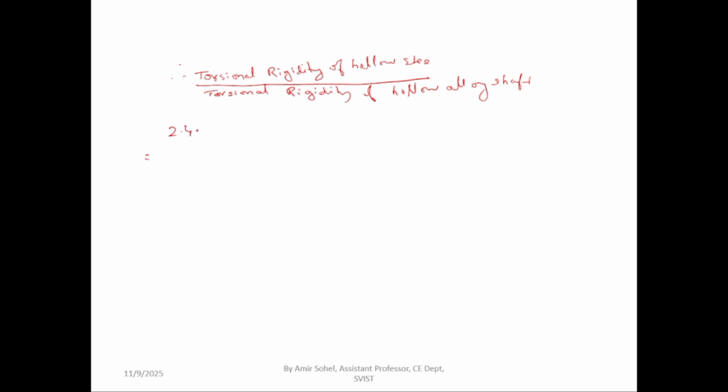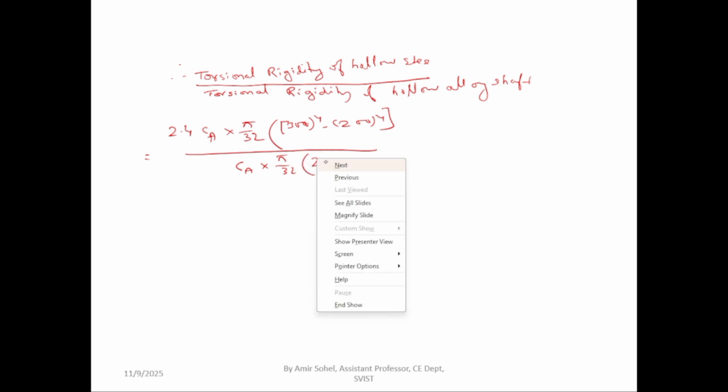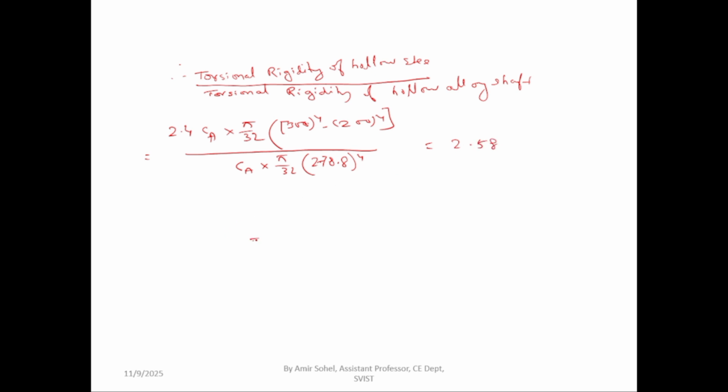That is 2.4 Ca into pi by 32 into 300 to the power 4 minus 200 to the power 4, divided by Ca into pi by 32 into 278.8 to the power 4, which will give us the value of 2.58. So ultimately the ratio is 2.58.